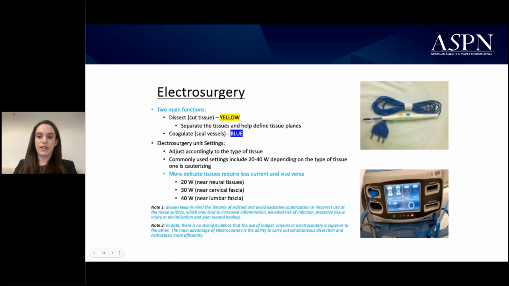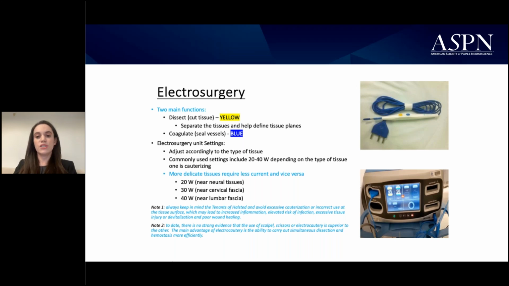So as we spoke about on the last slide, there are 2 main functions of the electrosurgery unit, and that's cutting tissue and coagulating vessels. And in terms of settings, it's going to depend on the tissue type you're cutting through for what settings you're going to use. They usually vary from 20 to 40 watts. Lower wattage is going to be used for more delicate tissues such as neural tissue, or if you're doing a revision and you're bovieing near an IPG.